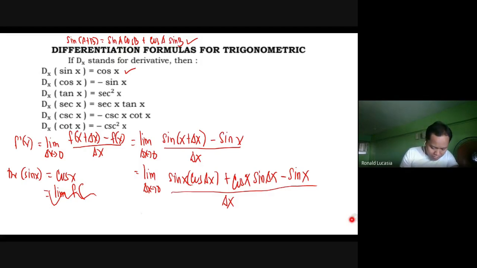Then we have the limit as delta x approaches 0. I think we can factor this because there is a common factor, which is sine x.